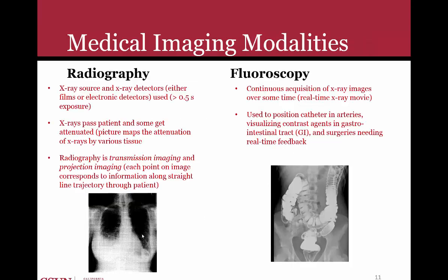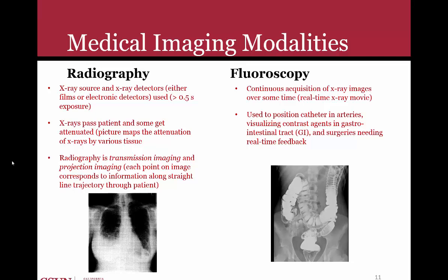Okay, so let's talk about the different types of imaging technologies. For the next couple of slides, I am going to cover in very brief detail what these technologies are. The first one, which is most obvious to most of you, is radiography. That's another word for X-rays.